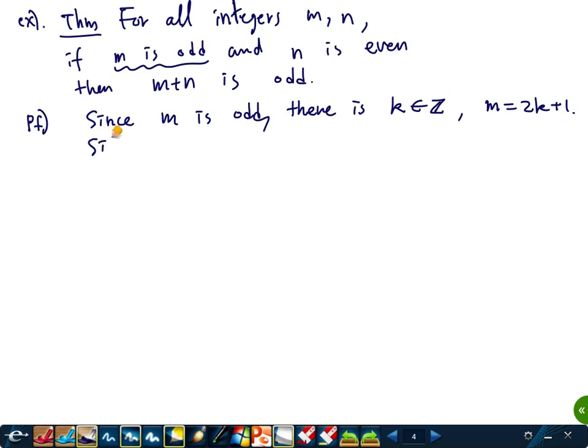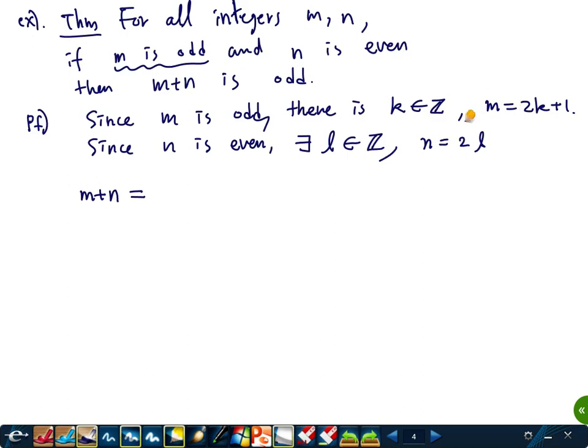And since n is even, just for shorthand, we can say there exists l in Z, integer, such that n equals 2l, because n is even. Now we want to show that m plus n is odd.